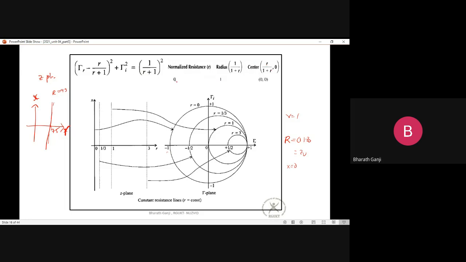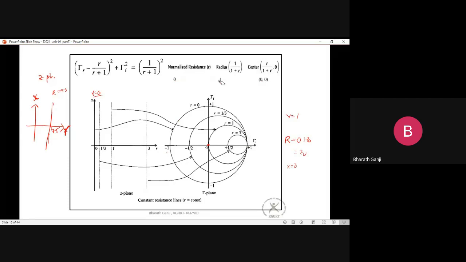If the resistance is 0, that is the imaginary axis line, the radius of the circle should be 1/(1+0), which is equal to 1, and the center will be 0/(1+0), which is (0,0). So in the complex tau plane, if you draw a circle with center (0,0) and radius 1 unit, all the points on that circle have resistance value 0. So I can say the outermost circle is the circle which represents the impedances for which the resistance value is equal to 0.